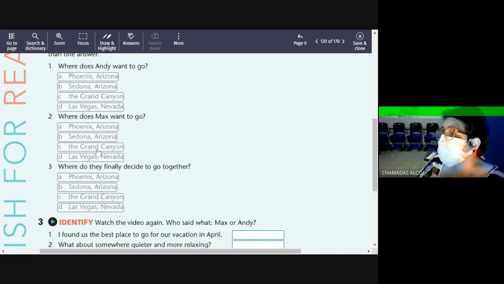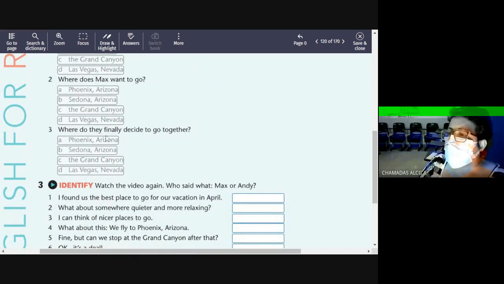The same options. All right? Now, where do they finally decide to go together? So notice that we have the same options, but let's see which place they finally decide.